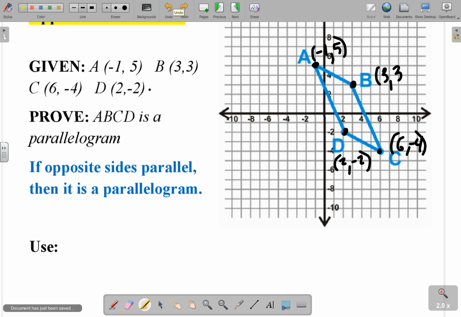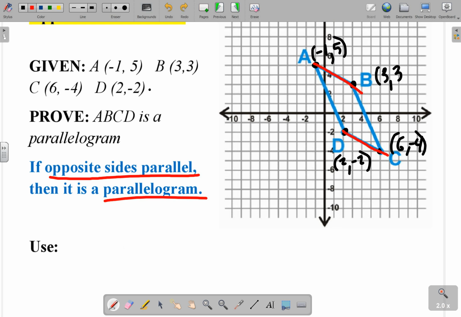There's several ways to do that. First way is we're going to show this. If you have opposite sides which are parallel, then it's a parallelogram. So I want to prove that AB is parallel to DC.